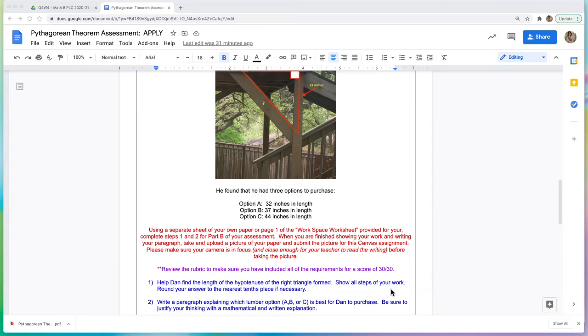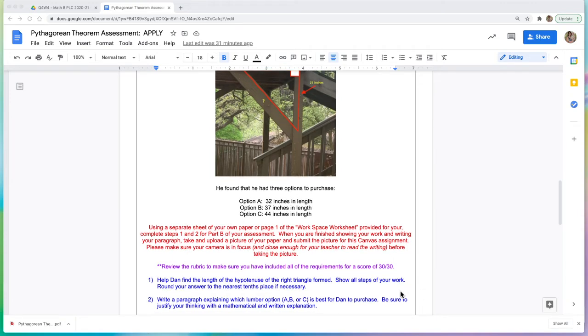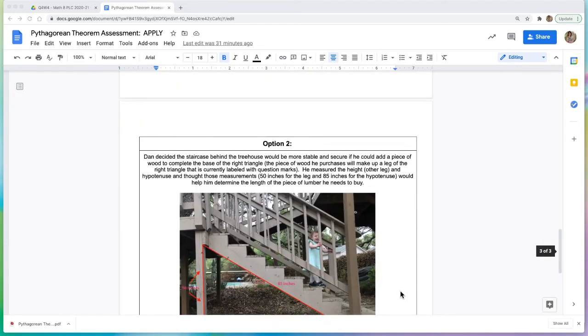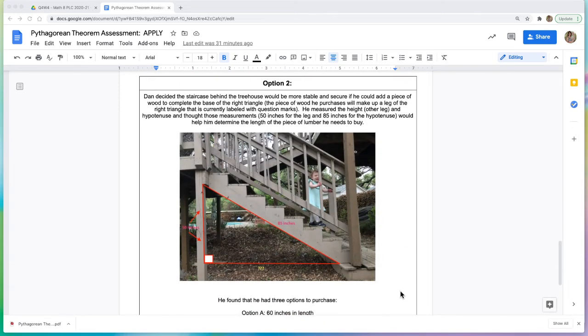Be sure to justify your thinking with a mathematical and written explanation. All right, option 2, that means if you choose option 1, you do not have to do option 2. If you choose option 2, you do not need to complete option 1.